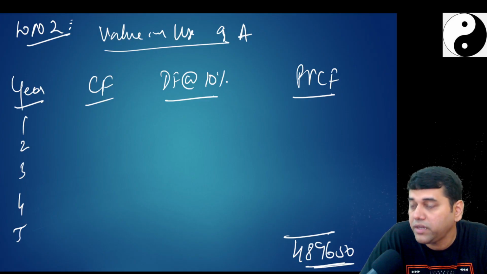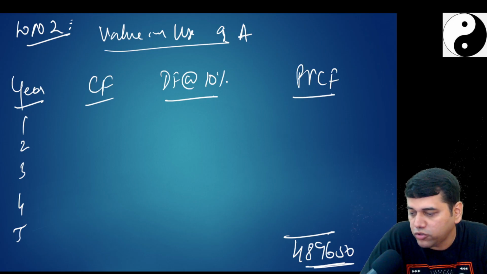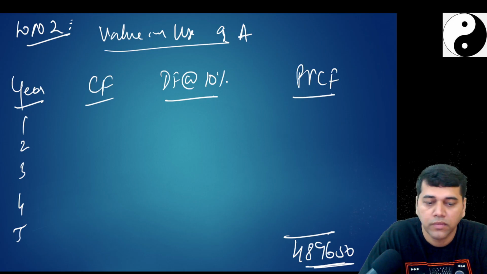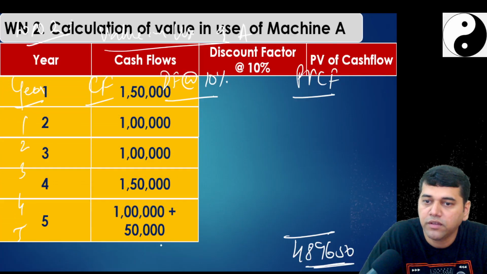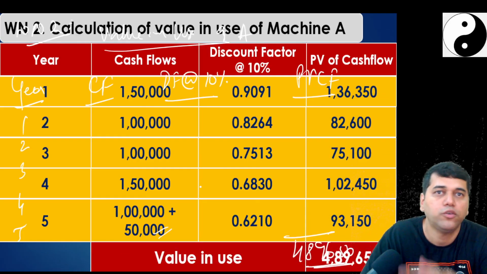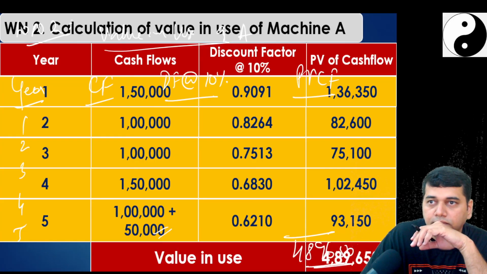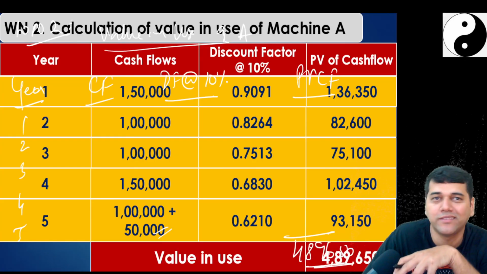Fifth year cash flow will be? Yeah, 1 lakh. They said excluding residual value. What is your residual value? I have included, no? 1,50,000. Yeah, I told you. You should include it with residual value. See the smartness there.